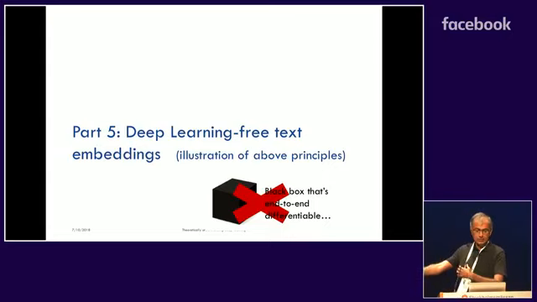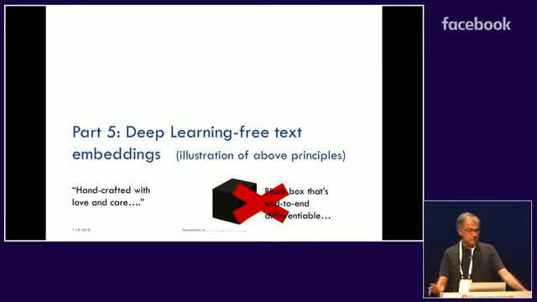You stack together models if need be, so that it's end-to-end differentiable. You should be able to propagate the gradient, use backprop. Backprop is your friend. And of course, there's a lot of power in that. But at least in this particular setting, text embeddings, I'll show you that artisanal products, handcrafted with love and care, can do almost as well.